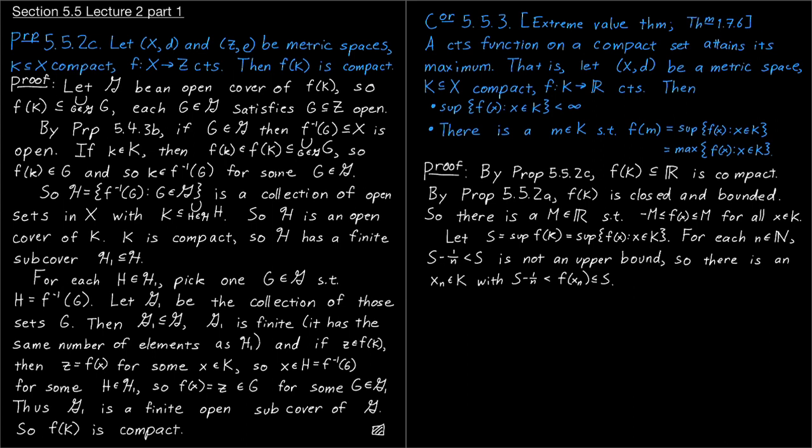So f of x_n is a sequence in f of K, and f of x_n is converging to S. f of K is closed, so S must be in f of K. So S equals f of m.